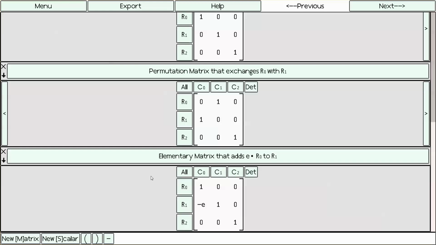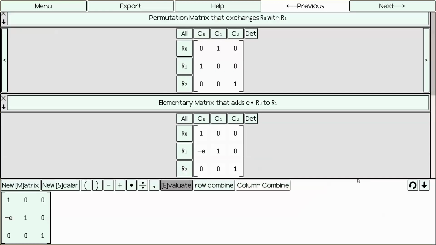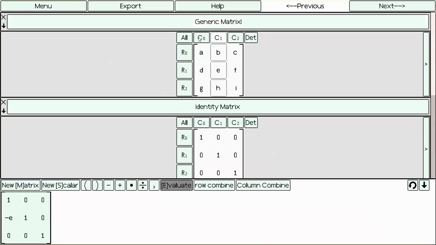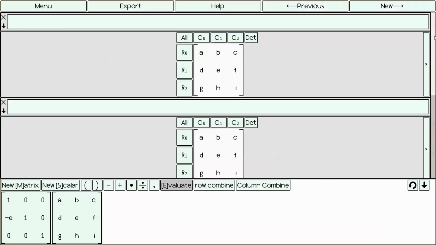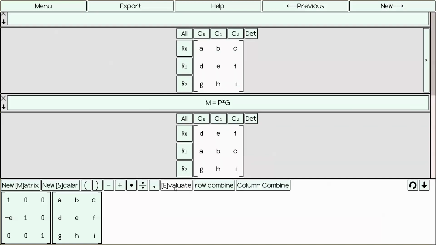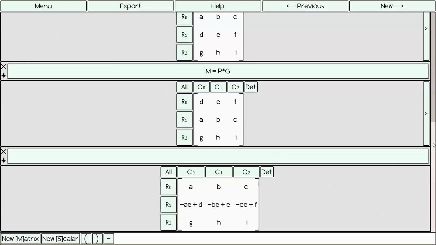Let's see it work in action. So we're going to multiply by E, go to the generic matrix, go over here, go down and evaluate it. And so the result was that for the generic matrix, we added E times row 0 to row 1.